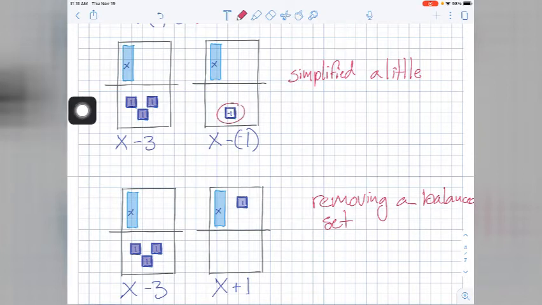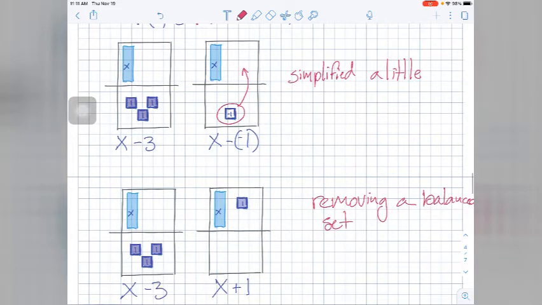I'm going to do keep, change, change here. I guess I could do it on both sides. But this is going to show, when we get into subtracting negatives, that gets really confusing for some students. But if I do keep, change, change, this can move up to the top and become a positive number.